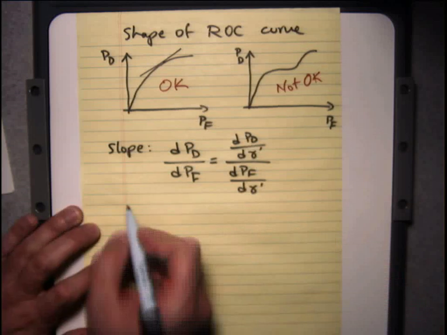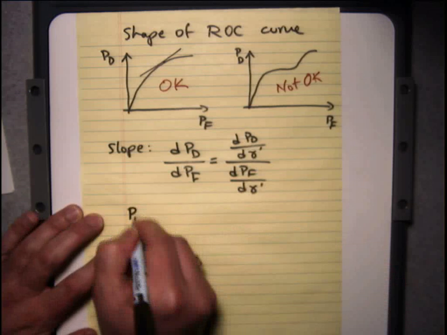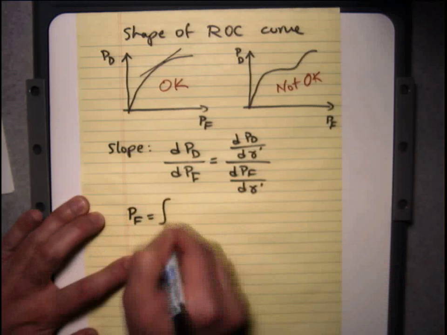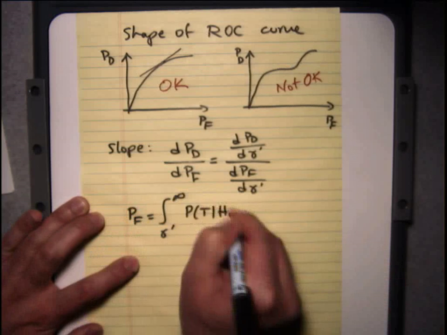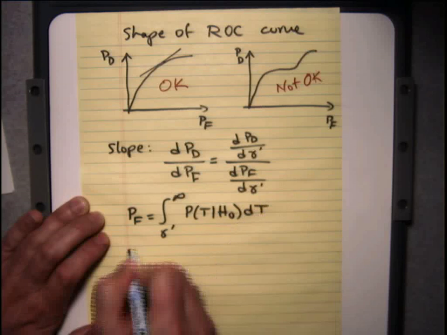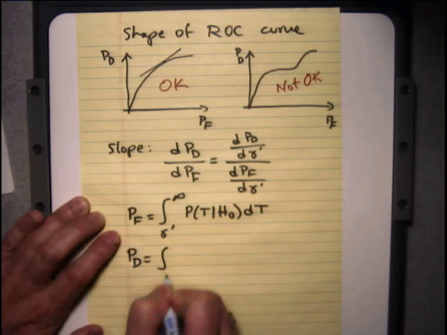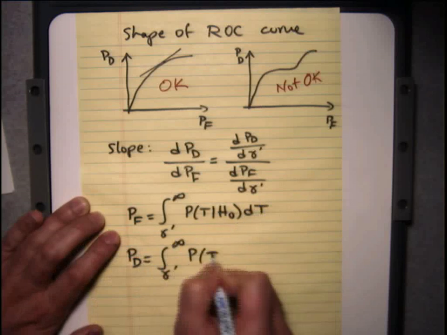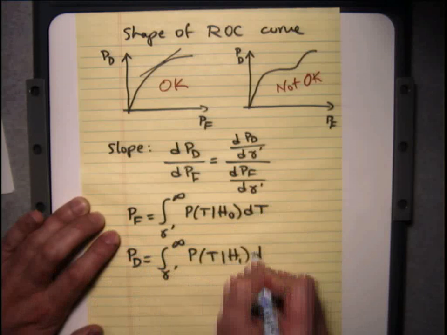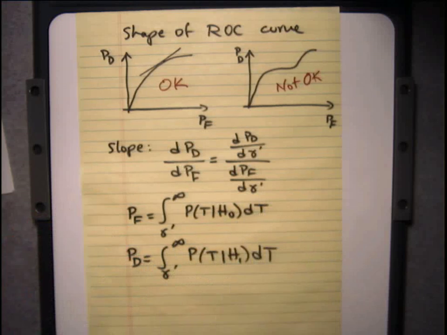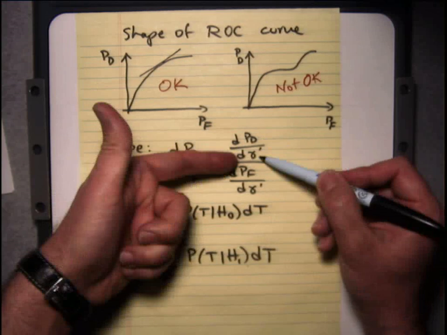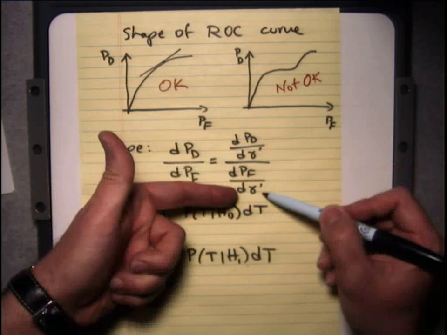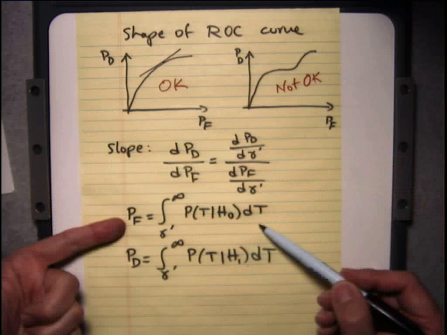Now remember that PF is the integral from γ' to infinity of p(t given H0) dt, and PD is the integral from γ' to infinity of p(t given H1) dt. Given these two, what's the derivative of PD with respect to γ' and PF with respect to γ'? That's just taking the derivative of this integral.